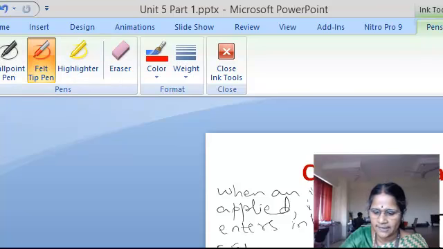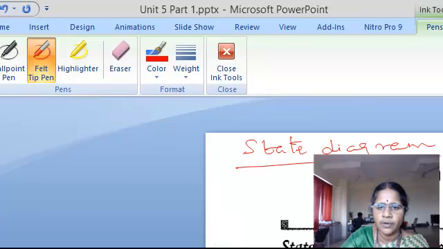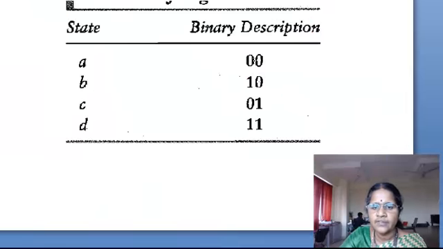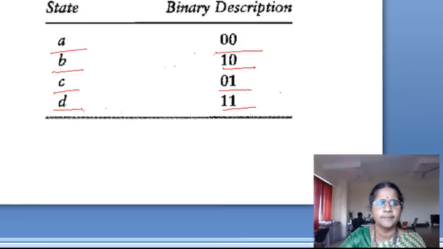So there could be 4 states possible, and assign the name of the state for all these 4 states. Let 0 0 be represented as state A, 1 0 be represented as state B, 0 1 be represented as state C, and 1 1 be represented as state D.